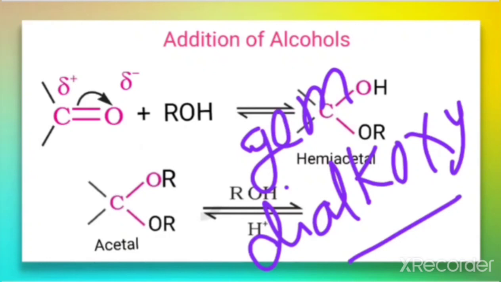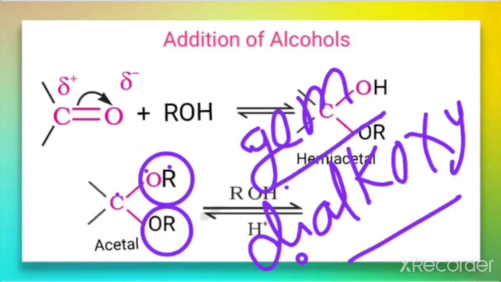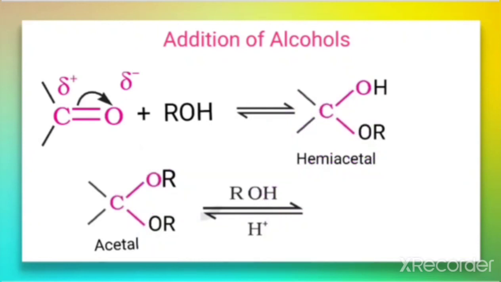Because here there are 2 OR groups, which are called alkoxy groups, where R is the alkyl group and O together is called alkoxy. So 2 alkoxy groups, therefore it is called di, and both are attached to the same carbon, therefore we use the word gem. So gem dialkoxy compounds are actually acetals.